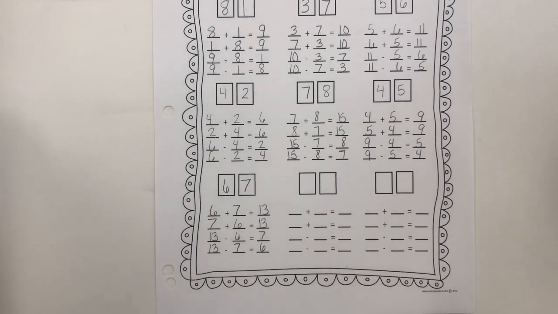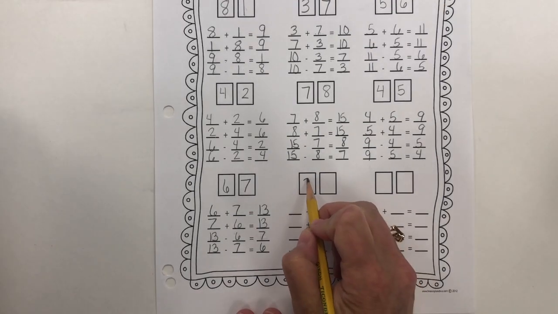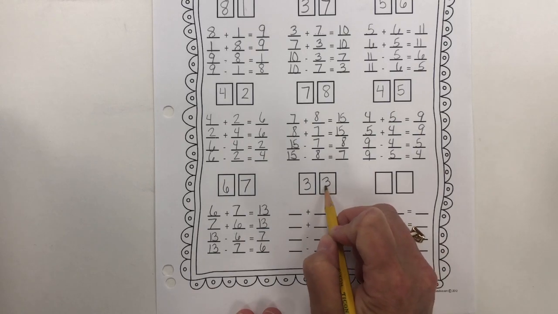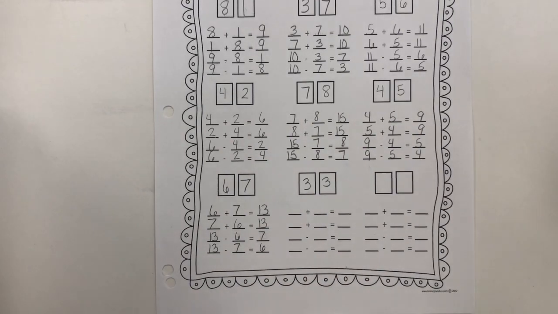So last week when you were spinning or rolling your dice, you may have come across this problem. What happens if you spin the same number? So I have a 3 and a 3. You can still partially make a fact family, it just looks a little bit different.